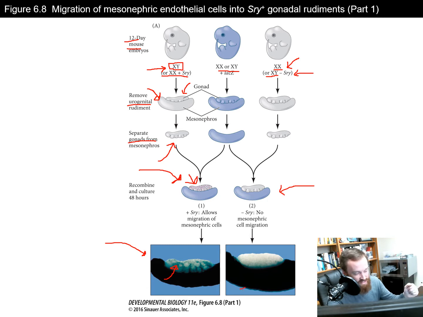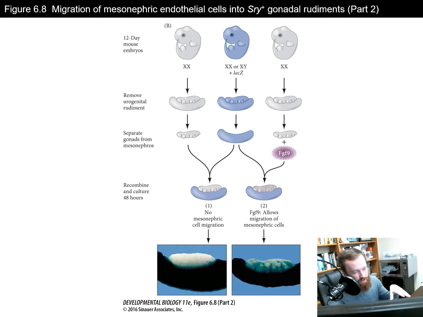And as you can see, because there's no SRY gene in either the female or the males where we deleted it, that migration doesn't occur. So SRY controls this key aspect of migration of these cells to become those blood vessels from the kidney tissue to the mouse testes.